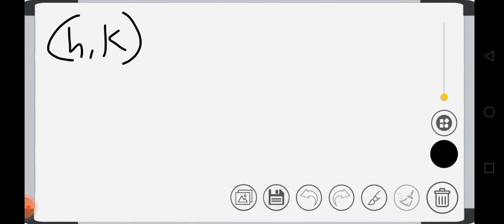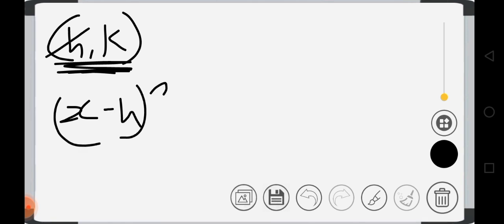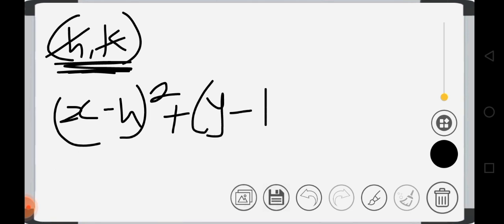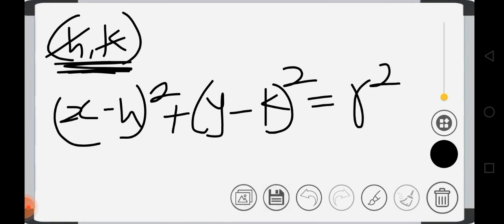So the equation of a circle whose center is not at (0, 0), that means a point that is not the origin, is given by (x minus h) squared plus (y minus k) squared equals r squared. Here h is the x coordinate, k is the y coordinate, and r is the radius of the circle.